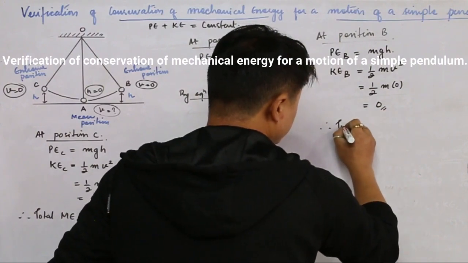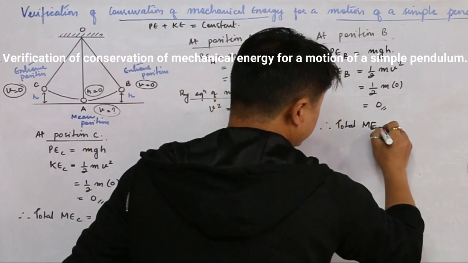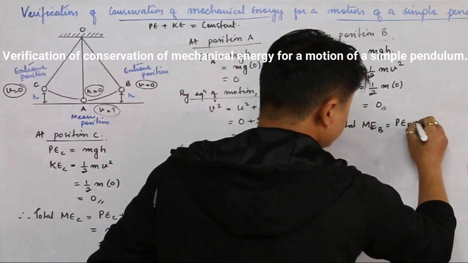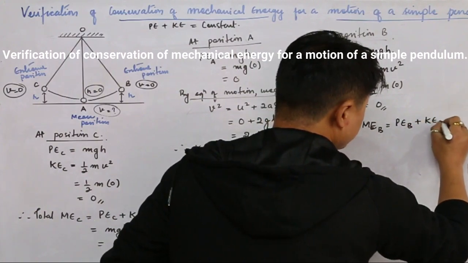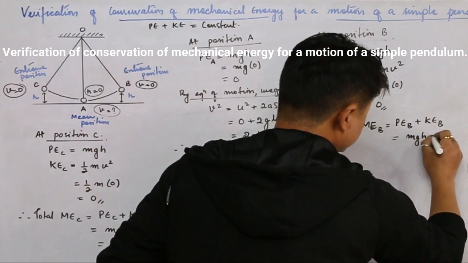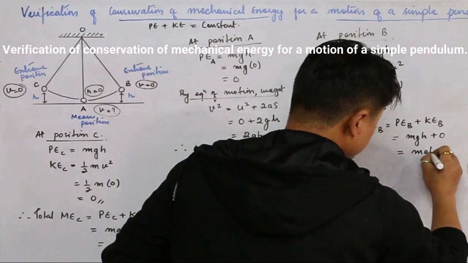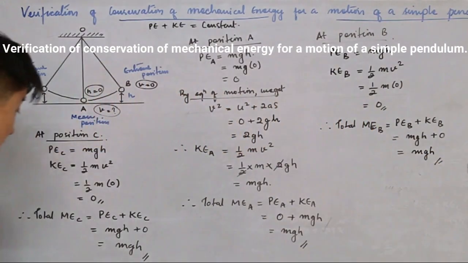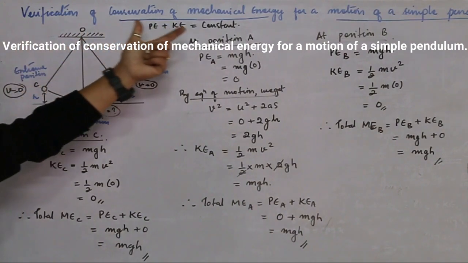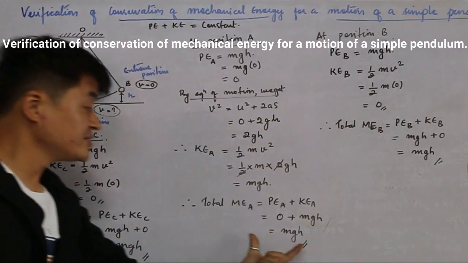Therefore, total mechanical energy at B is equal to potential energy at B plus kinetic energy at B, which is mgh plus 0 is equal to mgh.